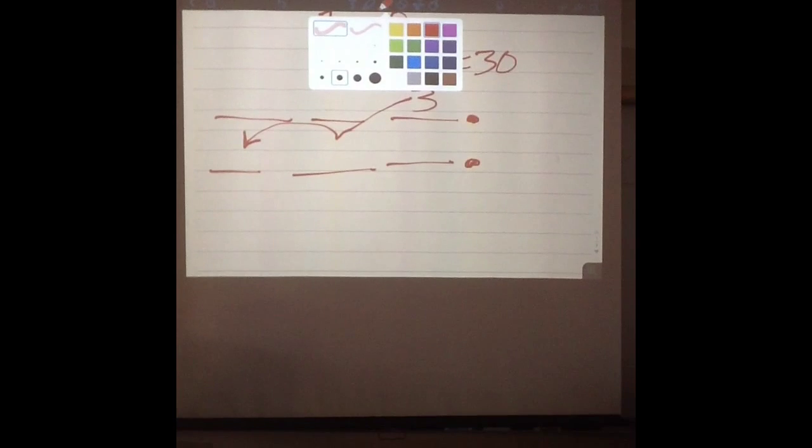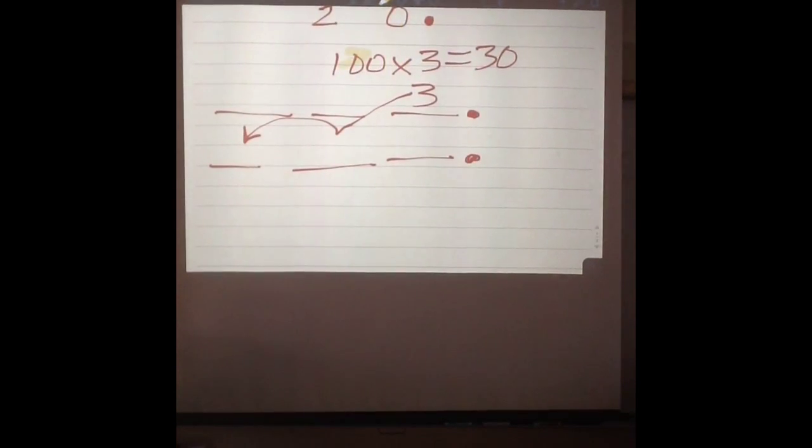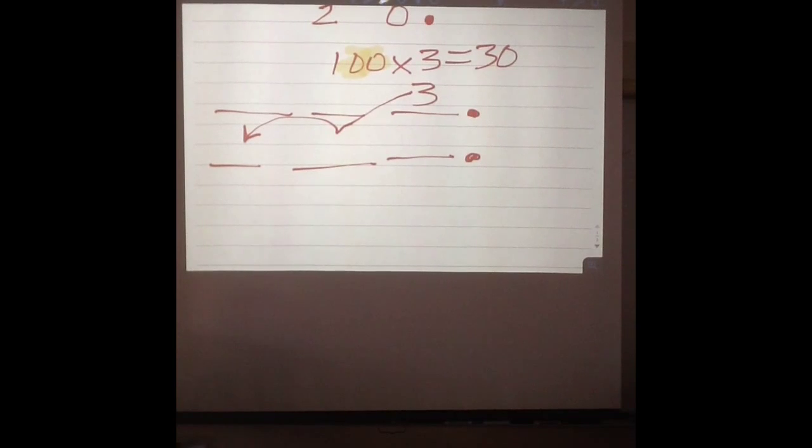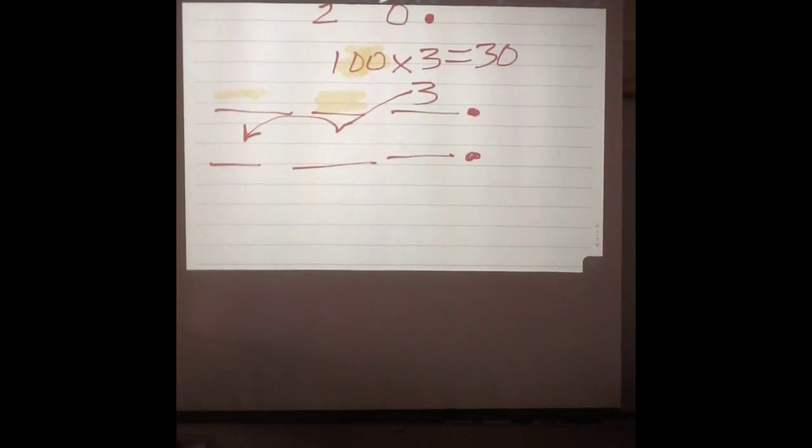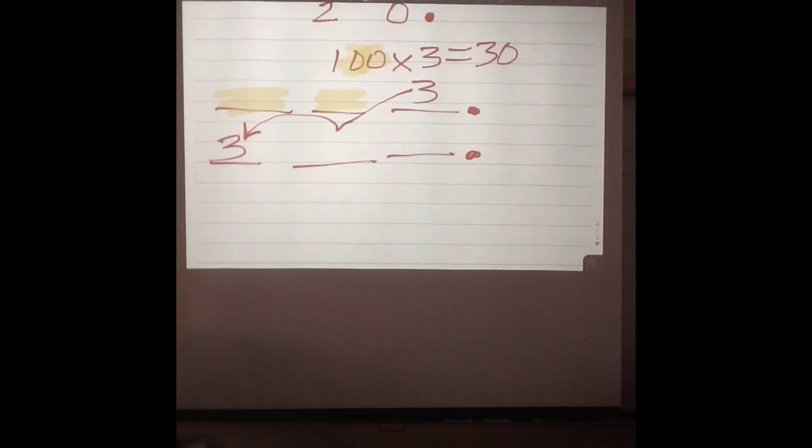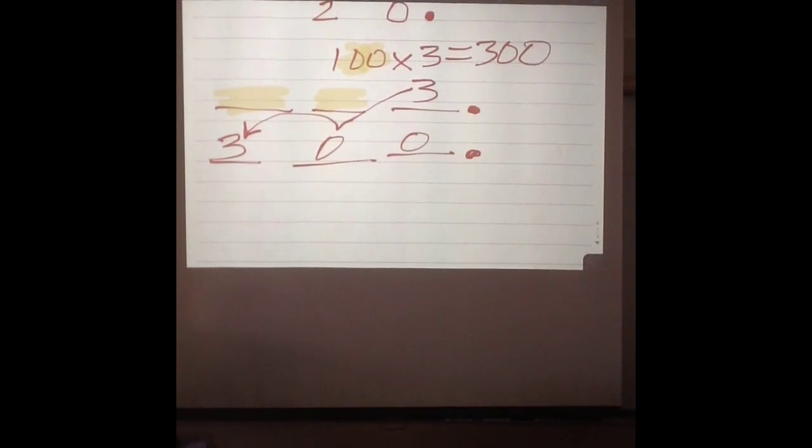Let me use yellow. Because our 100 has 2 zeros, right? So we're going to shift over 1, 2 places. So what do we do with the empty spots? We put zeros. So we know that 100 times 3 is 300, right?